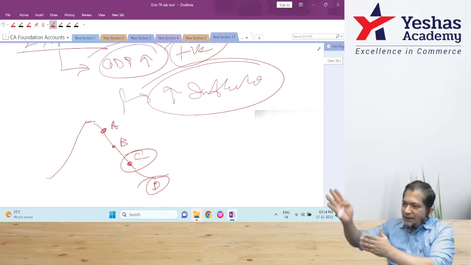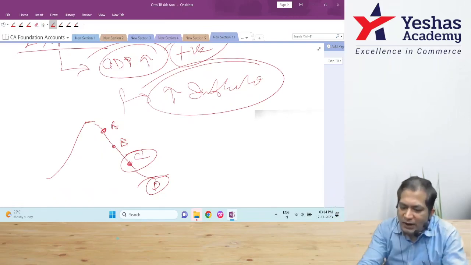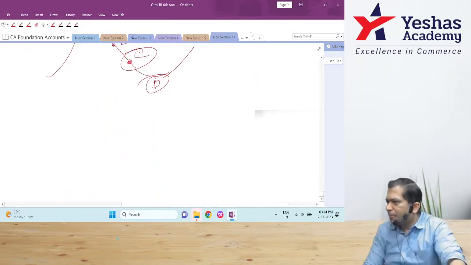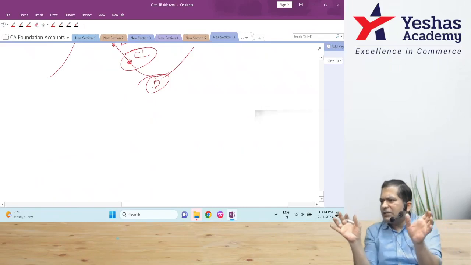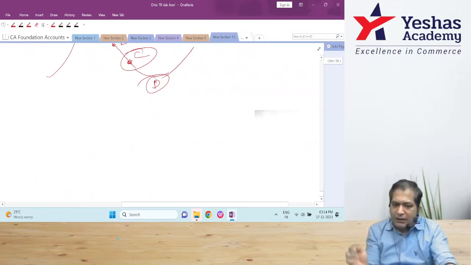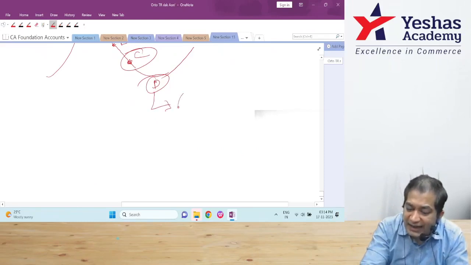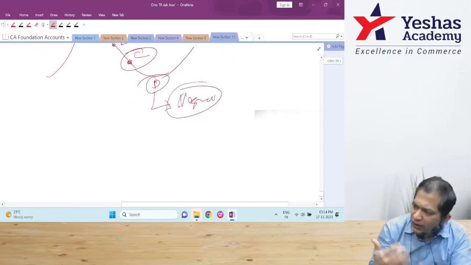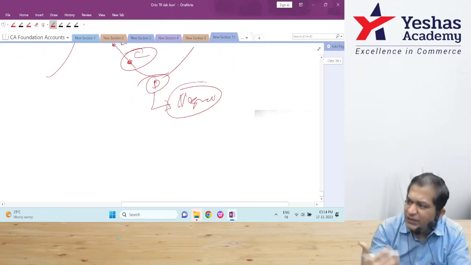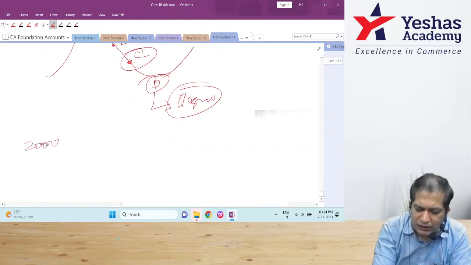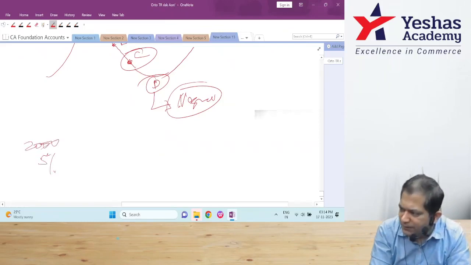So depression, from depression, what happens? Recovery happens. Now remember, depression में just imagine expansion और depression का points याद रखने का. Depression, GDP growth becomes negative. Negative, it means what? I've told you, during contraction, rate of GDP decreases. It means, let's say in 2000, the rate of GDP was 5%.